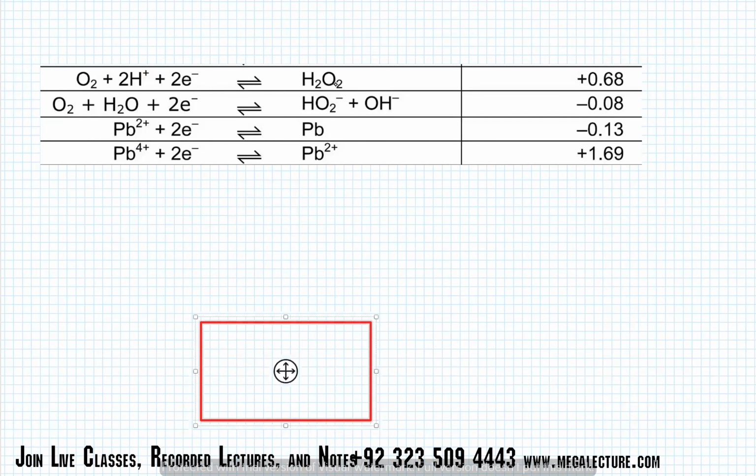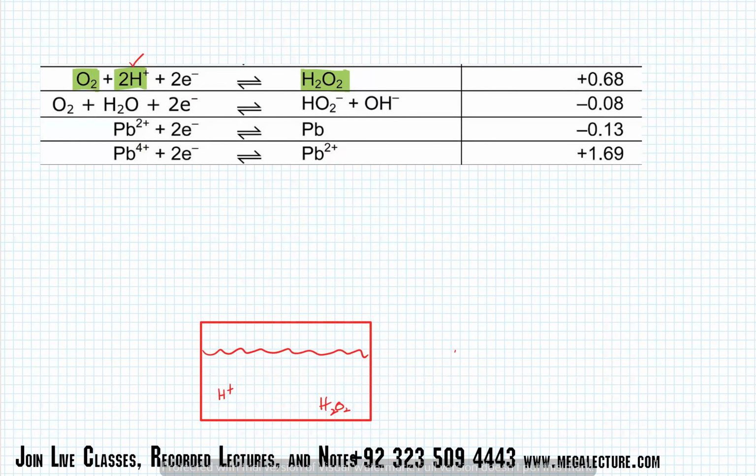There's going to be a solution. The solution is going to contain all your ions. The ions are what? Your first equation. It's H+1, and the other stuff that's going to be present in the solution is H2O2. There's H+1, there's H2O2, and you need oxygen as well.